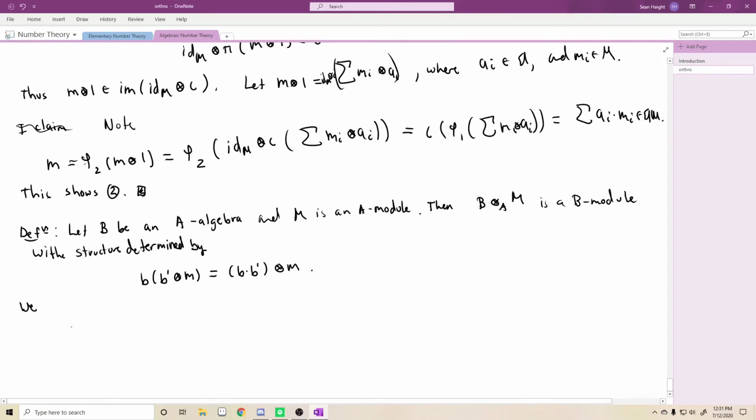Okay, and we say B tensor over A with M is the B module obtained from M by extension of scalars.